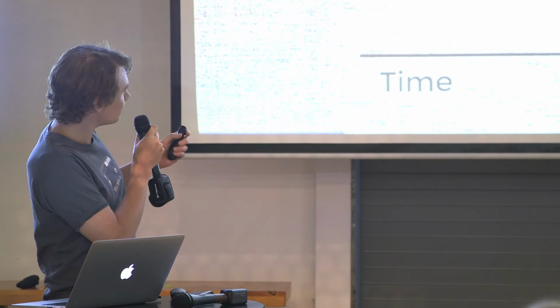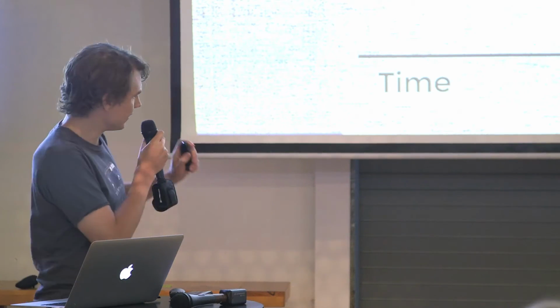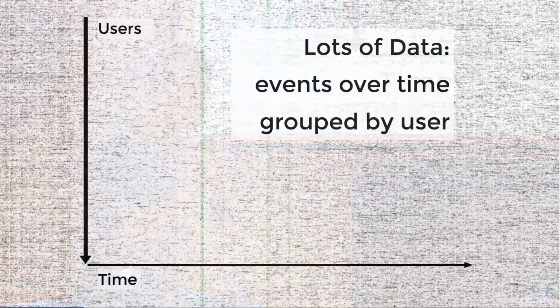We collect data about users over time, and the y-axis here shows different users. This visualization is a sample of 250,000 people in the United States and what they have been doing at AdRoll customer sites over 24 hours.